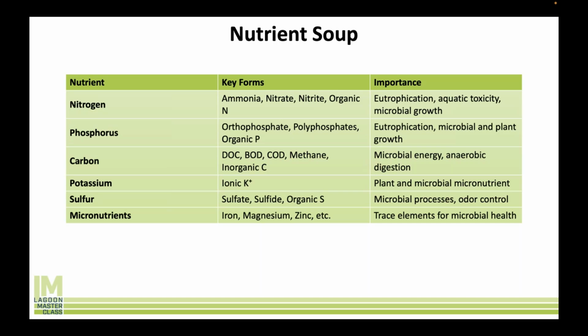We've also got carbon, which is your BOD, the primary source of what's coming into your plant that you've probably already been treating for years. So that's also a nutrient. You have potassium, sulfur, and micronutrients like iron, manganese, and zinc, the base trace elements that every microbial species needs, including ourselves, to exist. So this is the total world of nutrients today. We're going to focus on nitrogen.